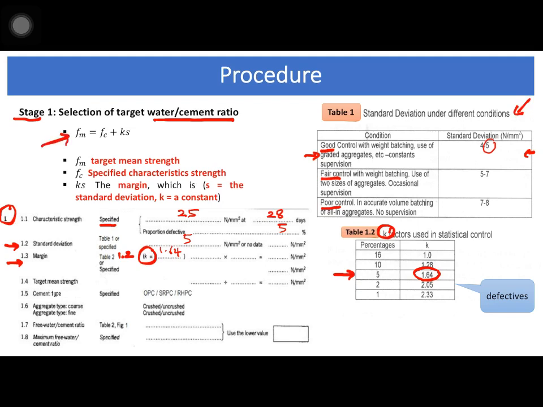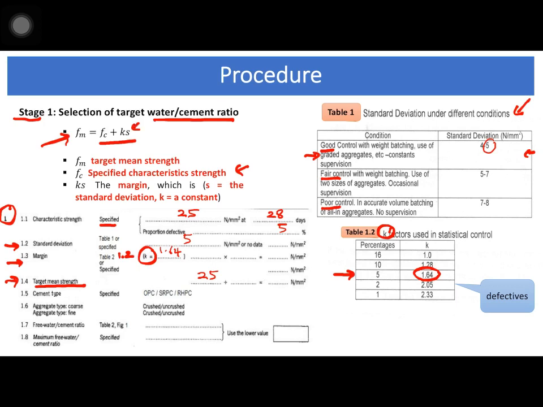FM. FM means the target mean strength. So here we need to determine the target mean strength. So target mean strength is equal to FC plus KS. FC is given. So FC is 25 here. So you may write 25. So KS: K is multiplied with the standard deviation. K is the defective factor here, multiplied with S. S is the standard deviation.